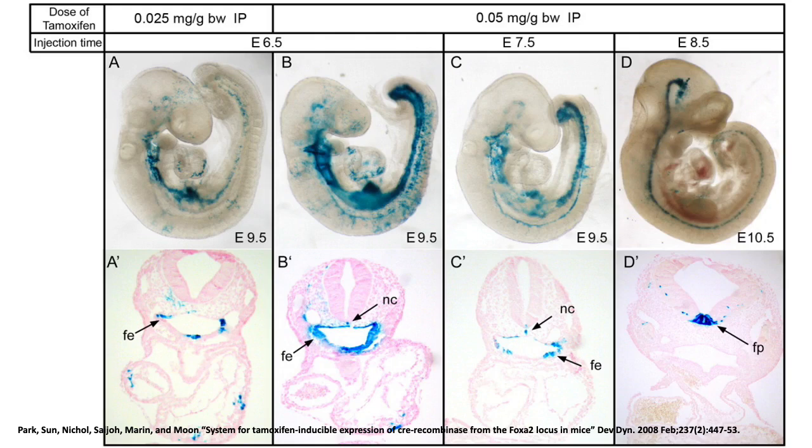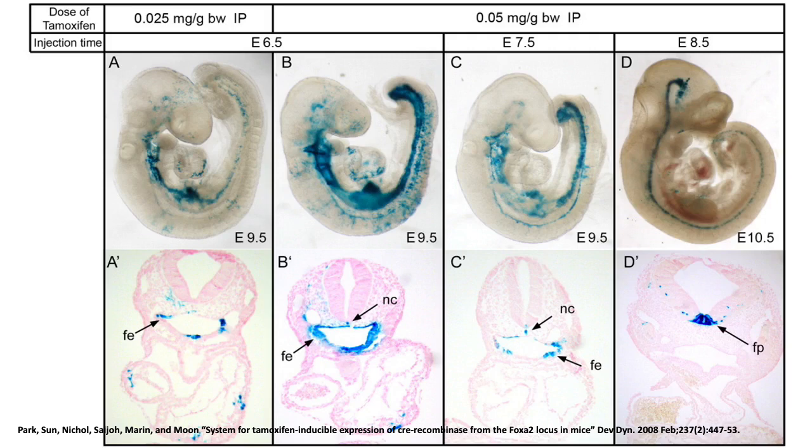What we have is a mouse that has LOXP with a stop codon upstream of a gene that makes an enzyme called LAC-Z.